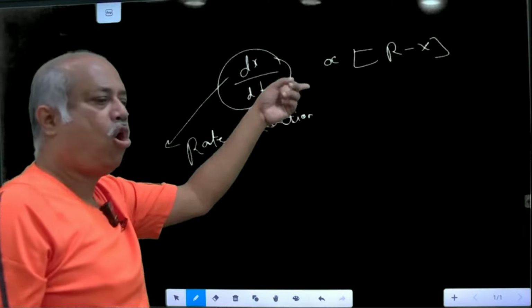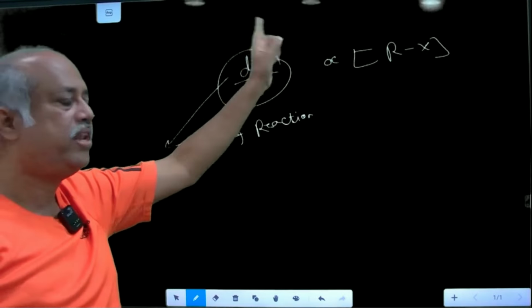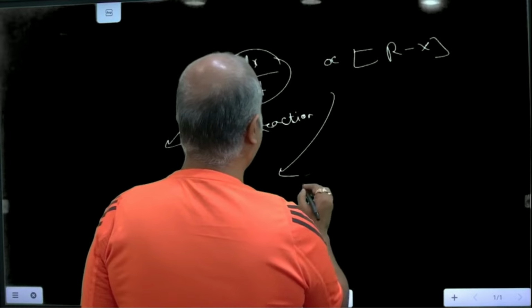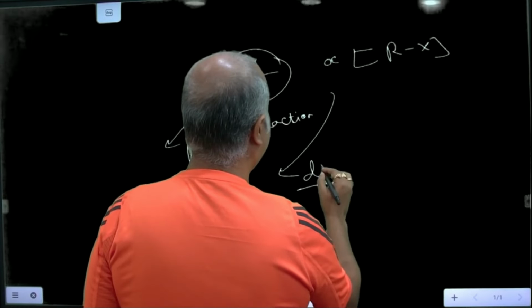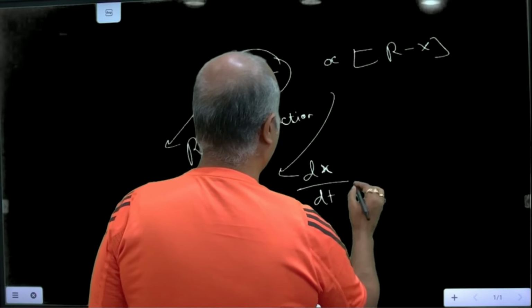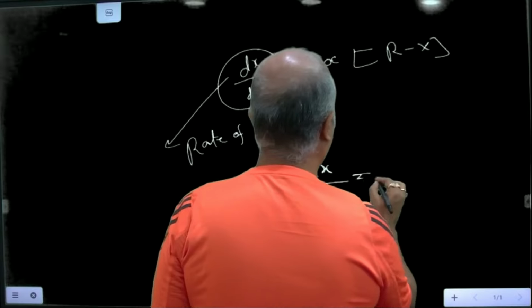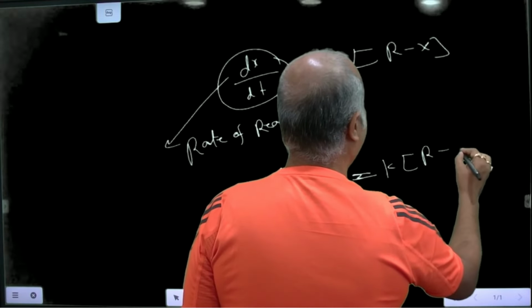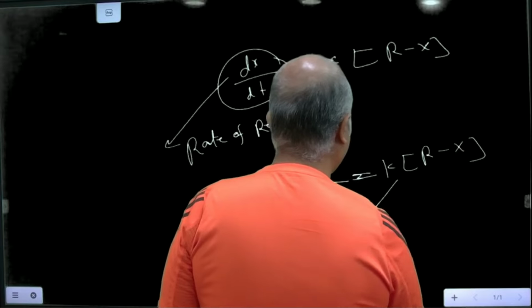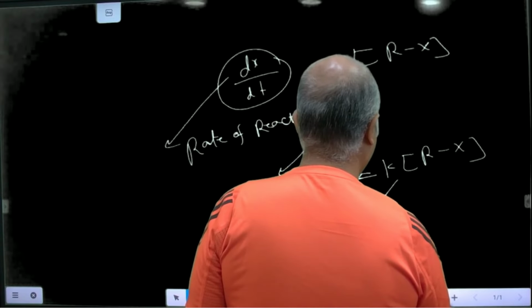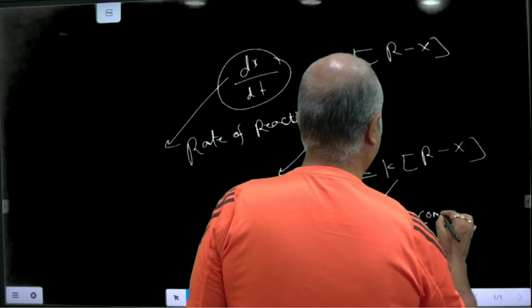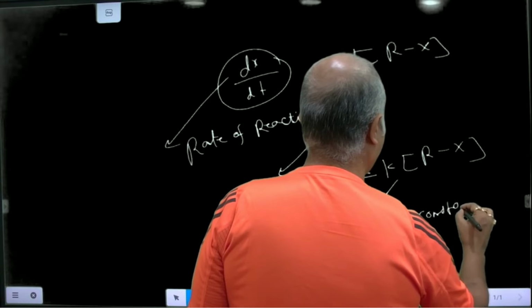This part I will also discuss in chemical kinetics. So dx by dt equals K into the concentration of alkyl halide. This K is the rate constant.